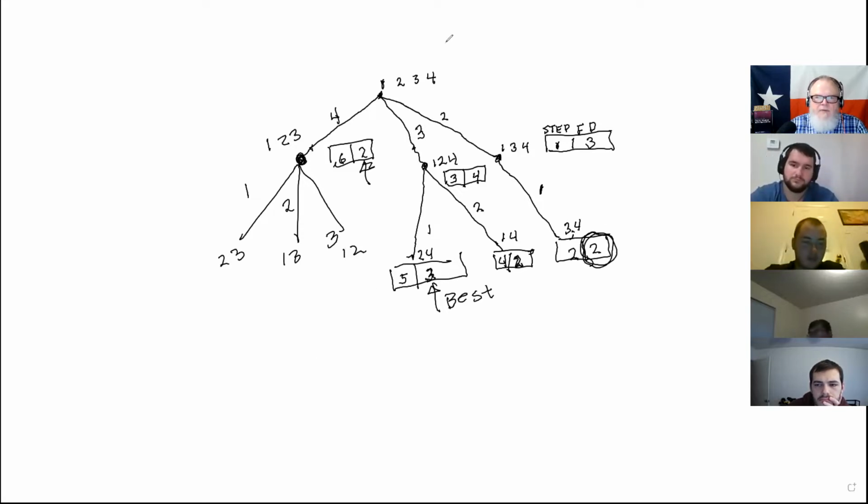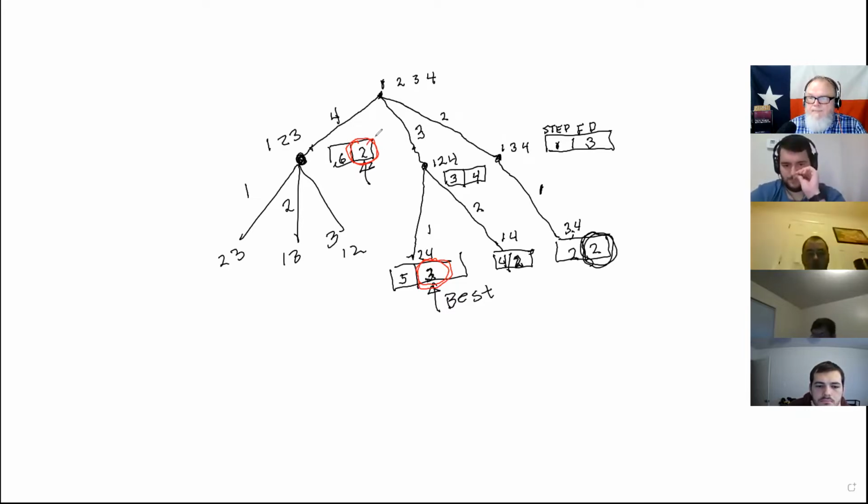We don't have to do that. Why? Because we know it's going to be lower than 3. 2 is a worse Fisher distance than 3. And if I take away any more features, this 2 is only going to get smaller. So therefore, I don't have to look at this, I don't have to look at this, and I don't have to look at this.